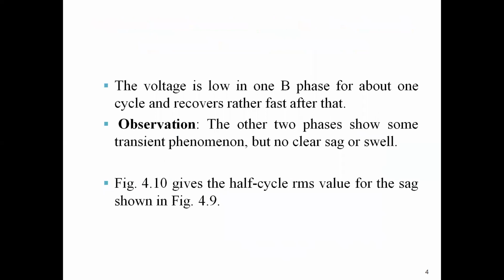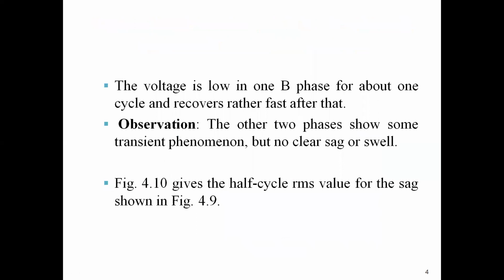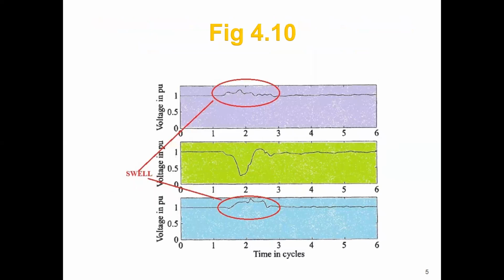So the next one is the half cycle RMS voltage sag for the same three phase. When you're considering half cycle voltage sag, what you can observe here is when there is a fault in phase B, again the same thing in phase B. During the same time, you are able to see a slight swell in the remaining two non-faulted phases.